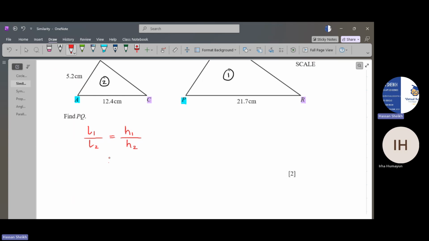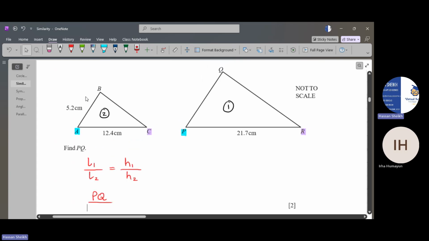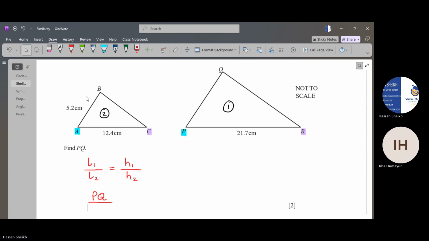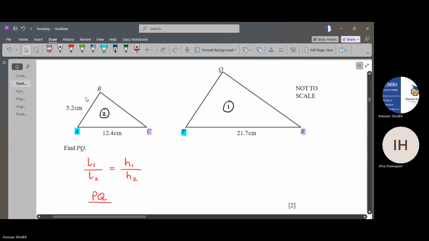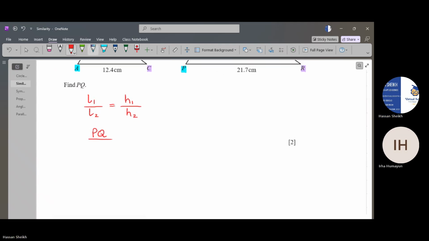So my unknown is PQ, and I'm keeping it in the numerator, divided by L2. What is the corresponding side of PQ in triangle ABC? AB will correspond to PQ. Okay, so AB.